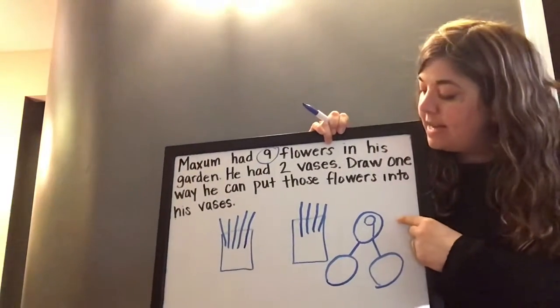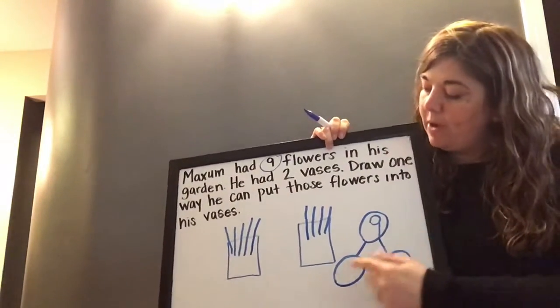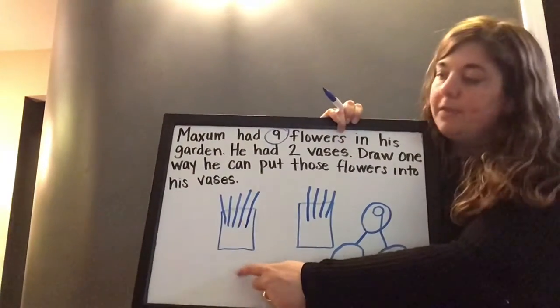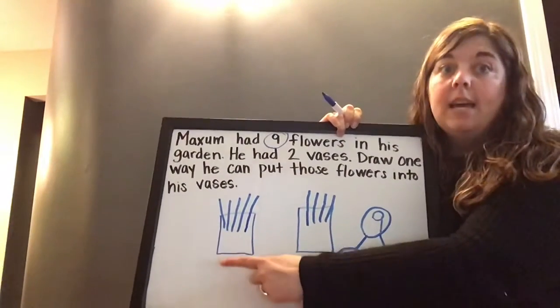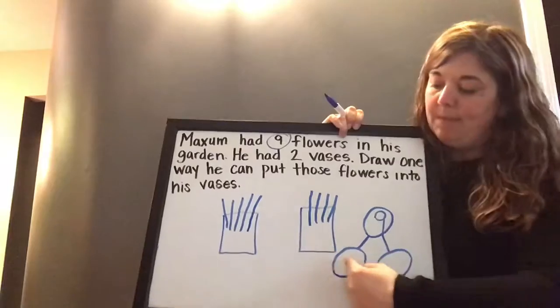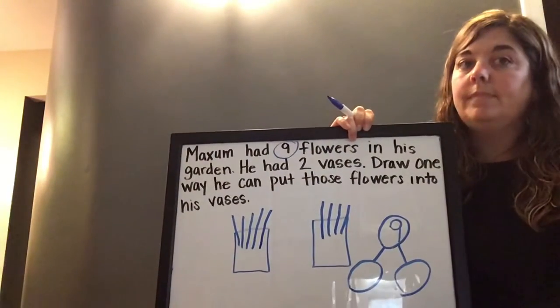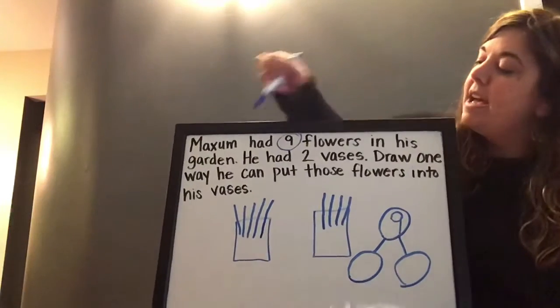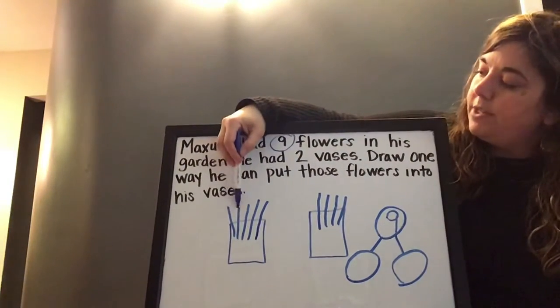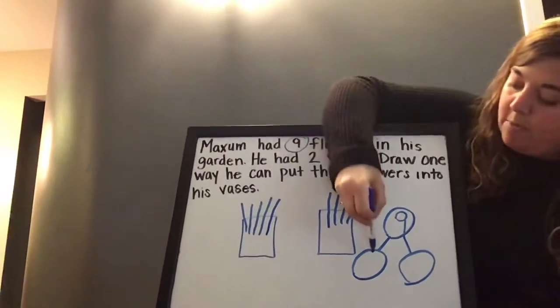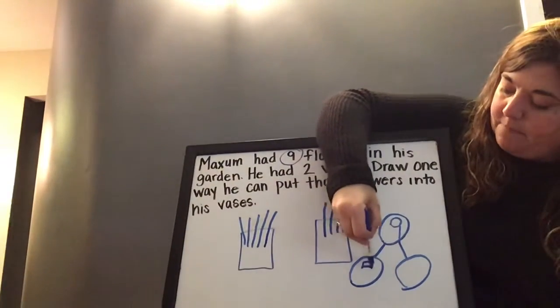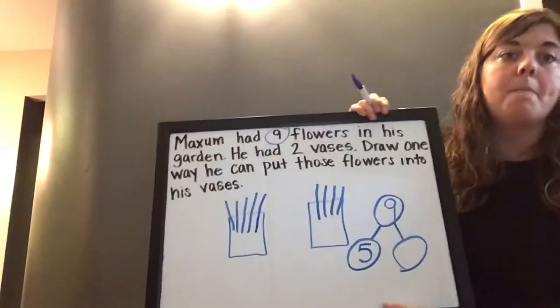Okay, now that you have your 9 in your whole, I want you to count how many you have in your first part. So pause, count how many you have in your first vase, and put that number in one of your parts. Okay, I'm going to count mine. 1, 2, 3, 4, 5. Remember, yours might look different than mine, but that's in my first part.